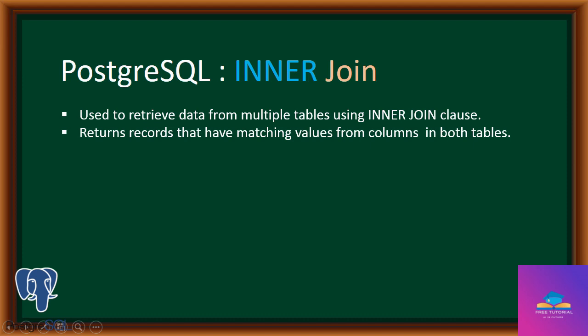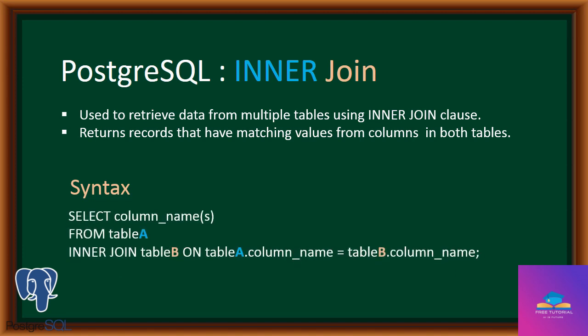Let's have a look at a simple syntax of how to implement an inner join. This is just a basic syntax. You select the column names from the participating tables. In the from field, you specify the first table, and then you perform the inner join on the second table. This is how you use the on keyword to indicate what actually implements the join.